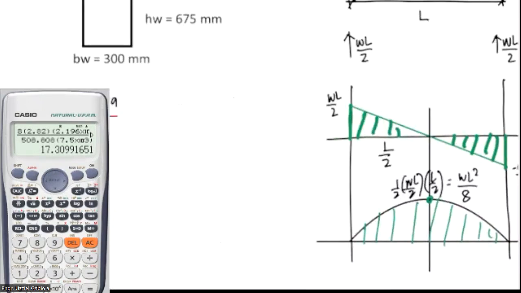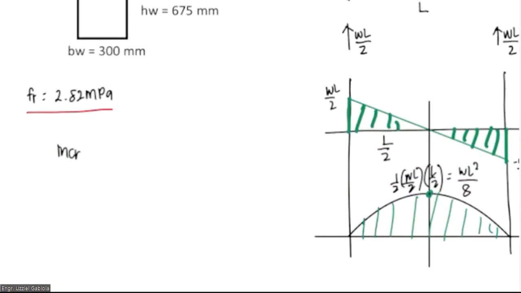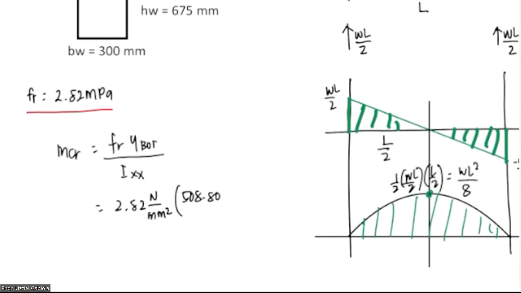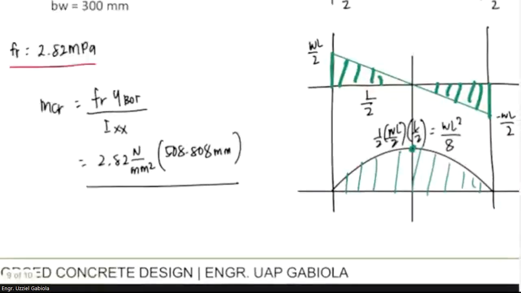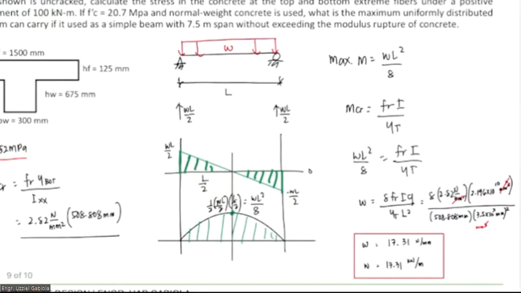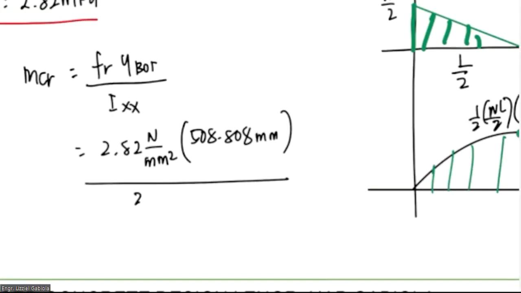We have here MCR is equal to FR Y bottom over IG or IXX. We have 2.82 Newton per mm squared, Y bottom is 508.808 mm, and for the inertia, 2.196 times 10 to the 10 mm to the fourth. Wrong formula, I got confused here. It is FR I over Y bottom.